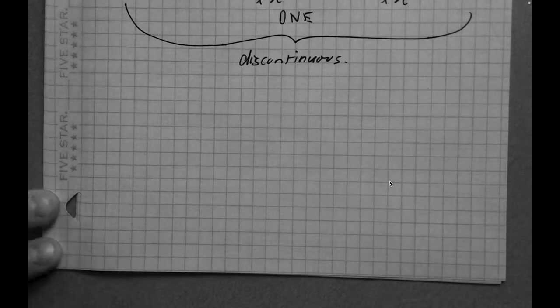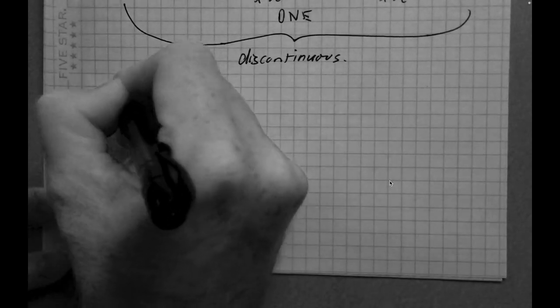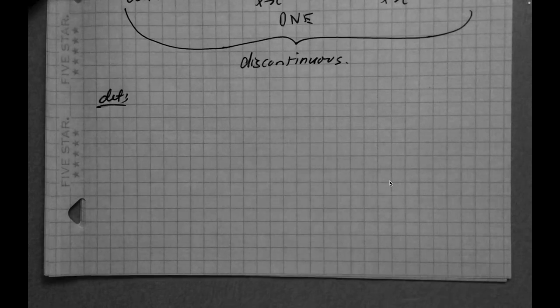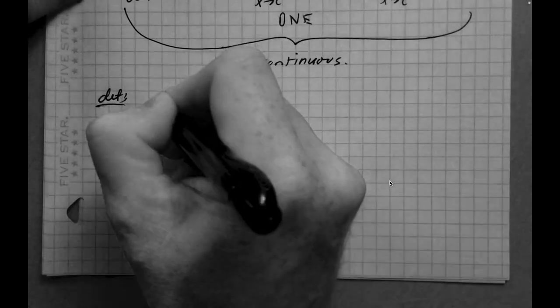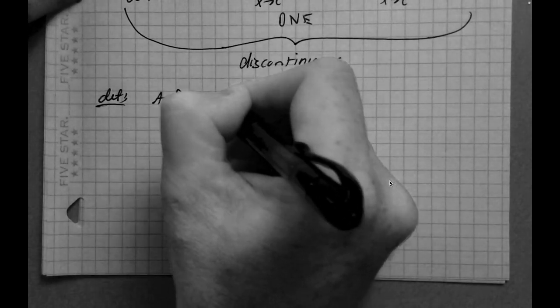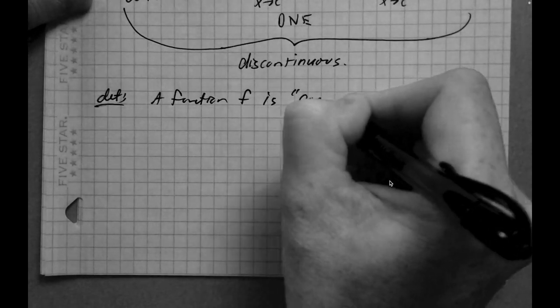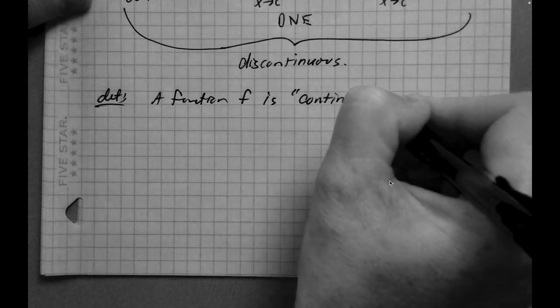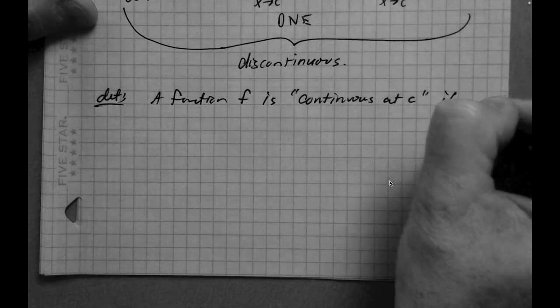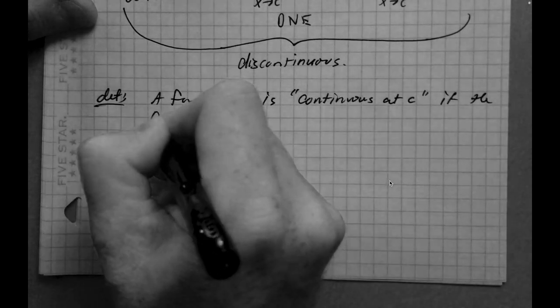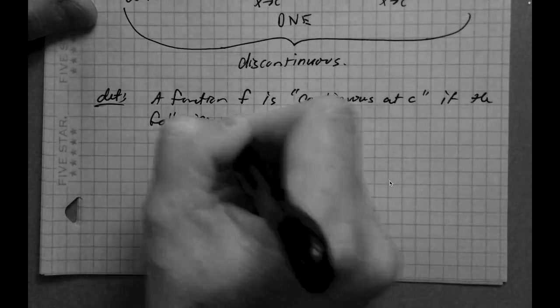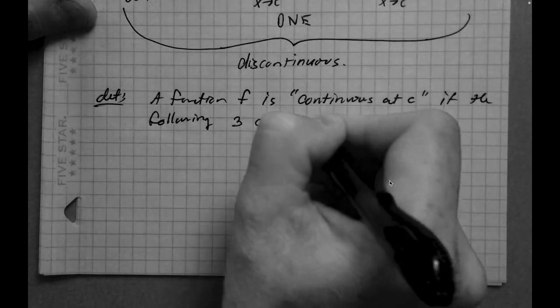Okay, so let's crank out a definition here. A function f is continuous at c if the following three conditions are met.